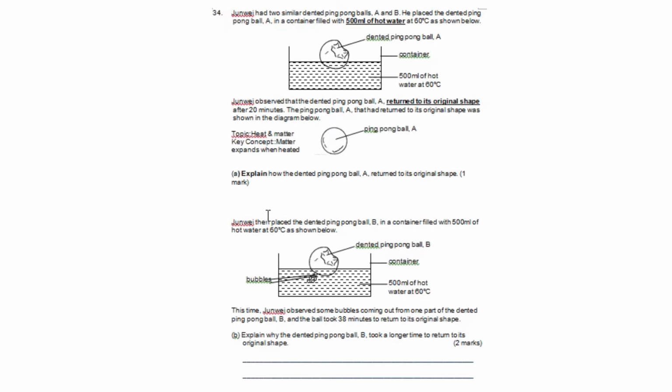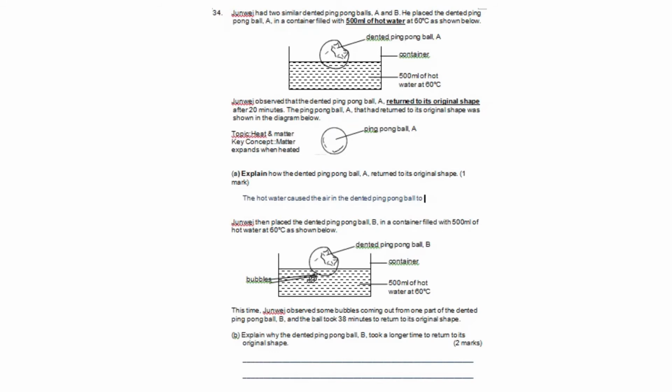So I have to relate it to the question itself, which is the hot water. I'm talking about the hot water causing the air in the dented ping pong ball to what? What is the word that we usually use in terms of heat?